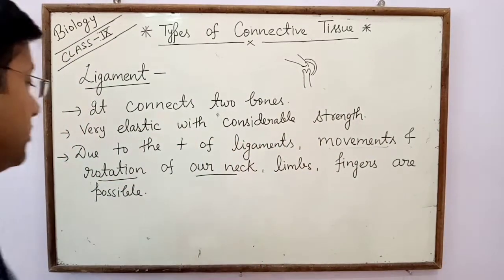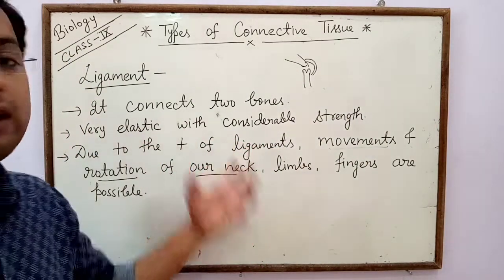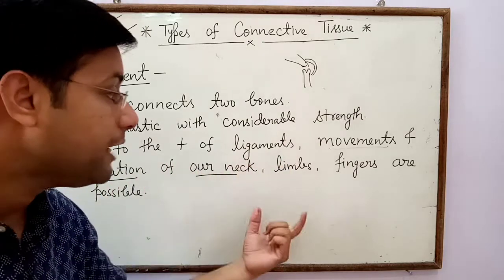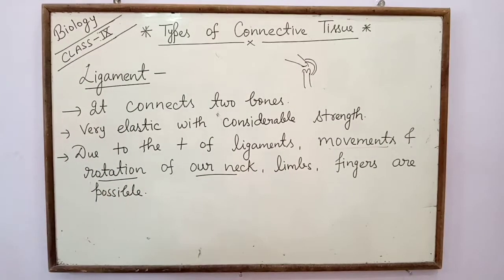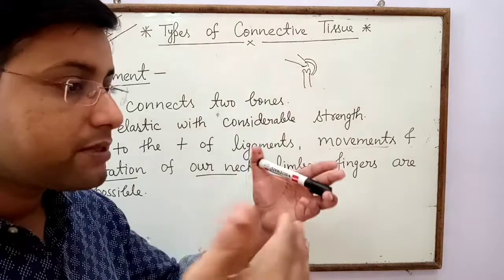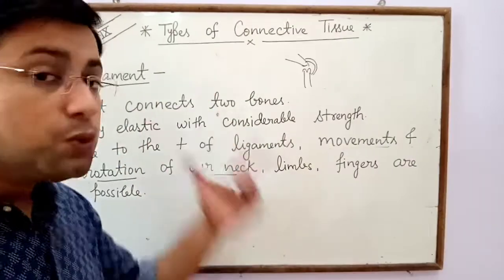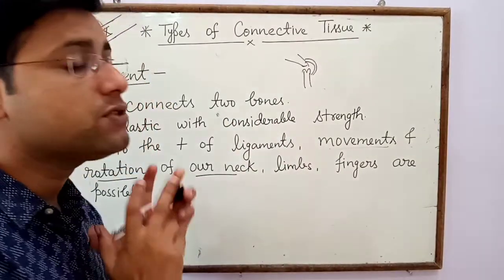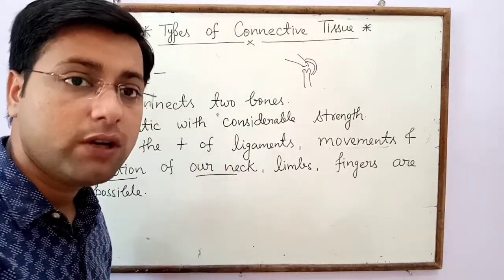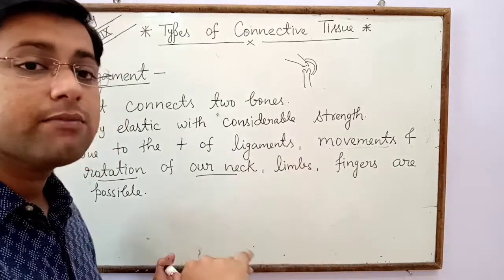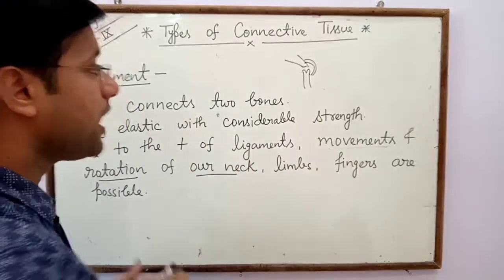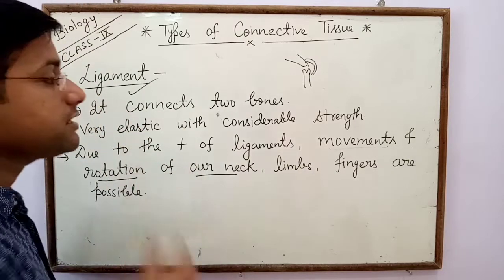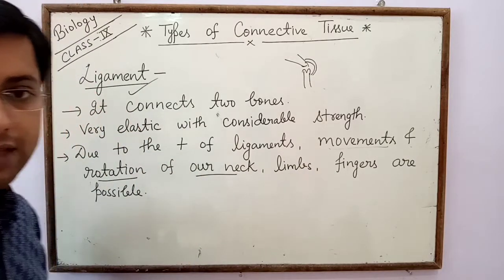So due to the presence of ligaments, movements and rotation are possible, and they connect two bones at the joints. There are many joints in our body, and at these joints bones are connected with the help of ligament, which is elastic with considerable strength.